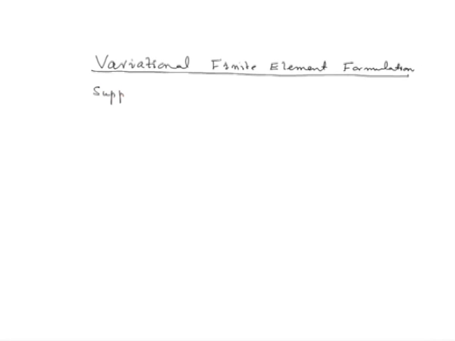Suppose functional pi exists, that is we have got a scalar functional pi defined as a function operator f times x, u of x and so on, d omega.